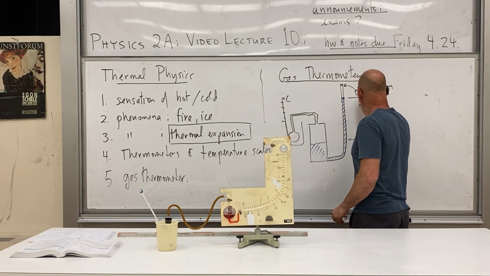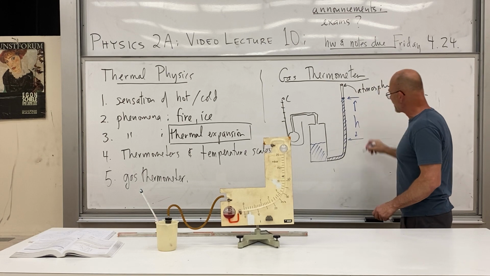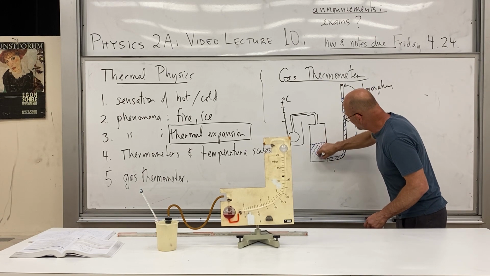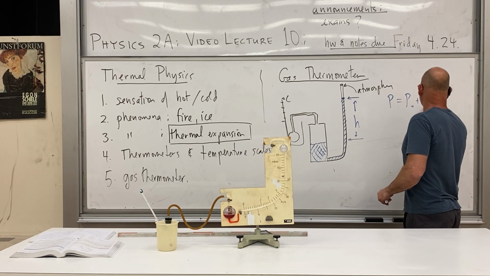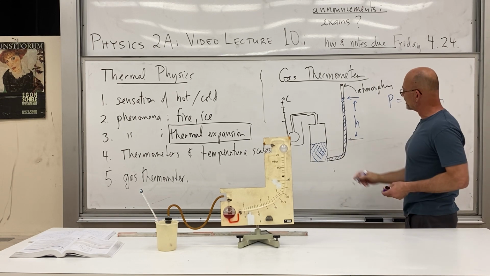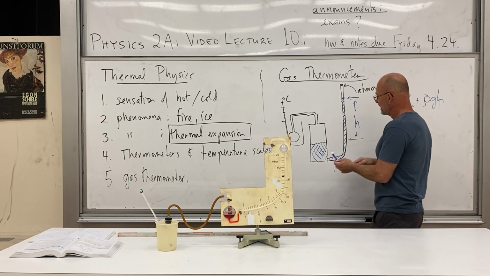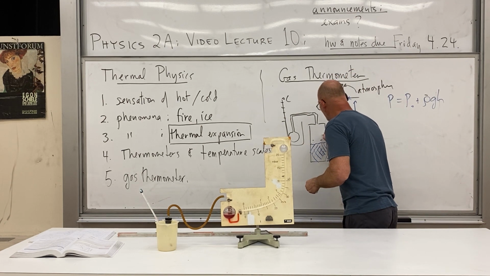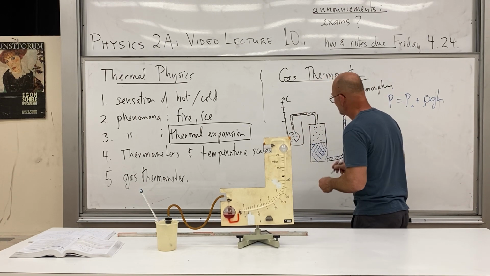So these two levels define a height. Okay. And of course we know that P is equal to P atmosphere plus rho g h for this fluid. But that pressure is the pressure of the gas in here. Okay.